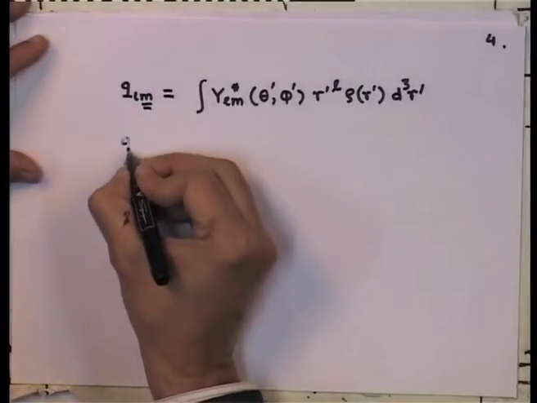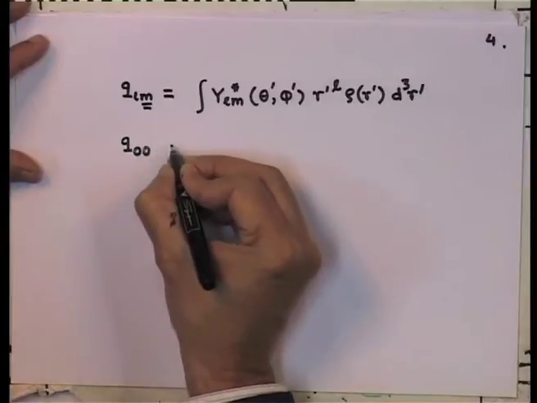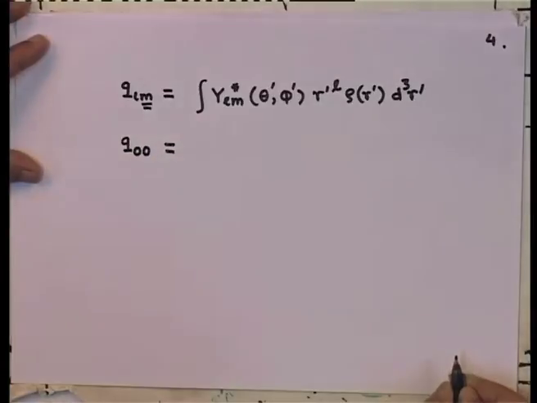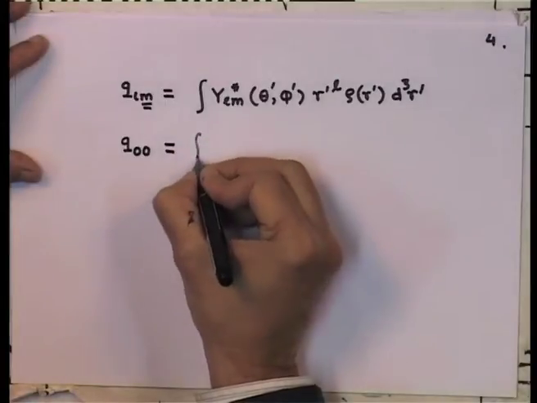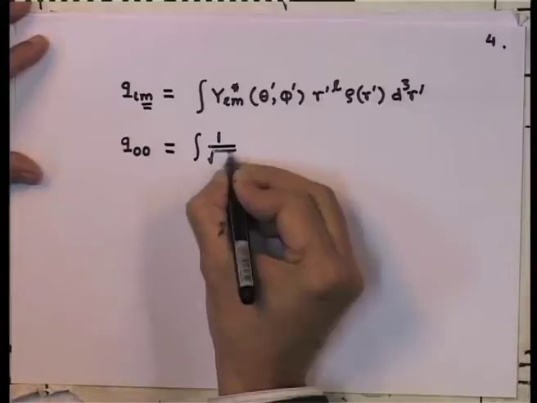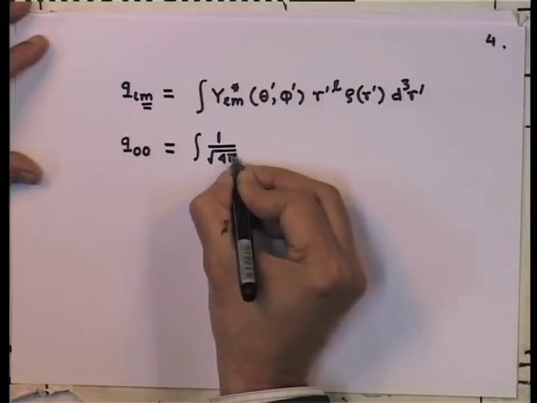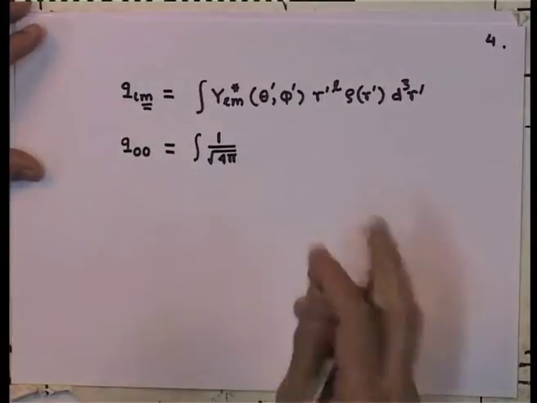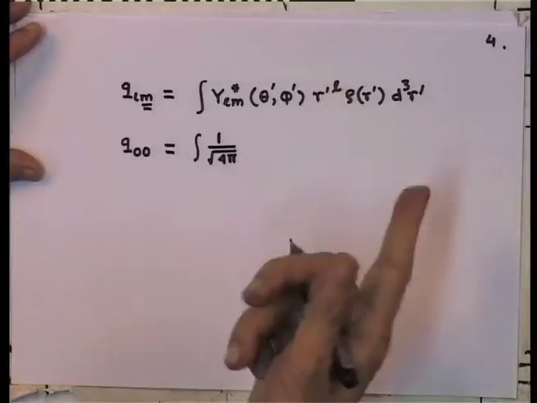So, q_00, this is the lowest order multipole moment, has Y_00 star, and Y_00 is a number, 1 over square root of 4 pi. r prime to the power 0 is 1.